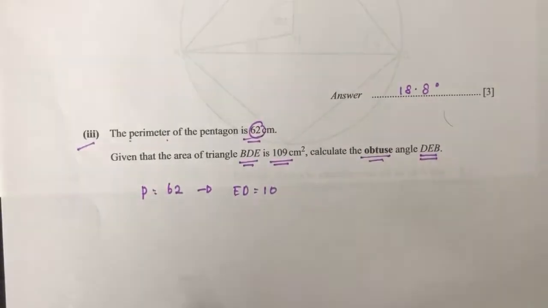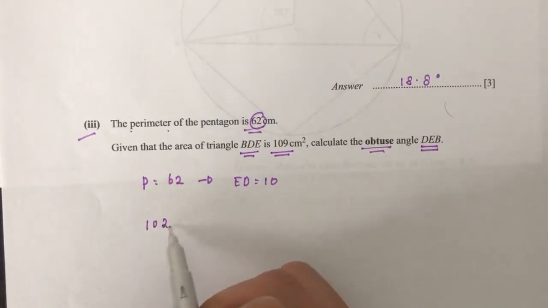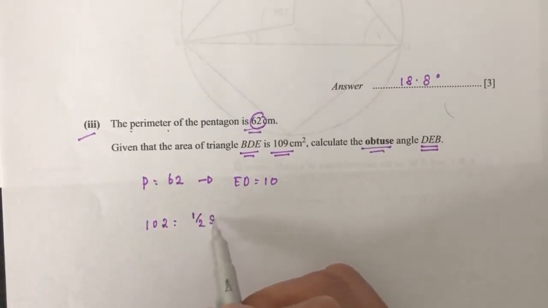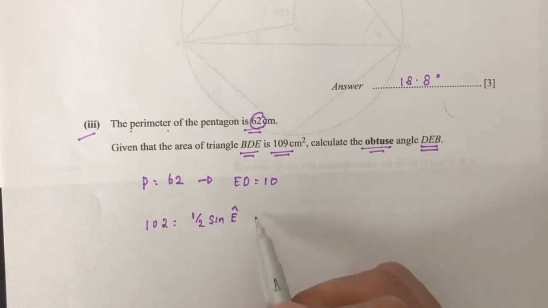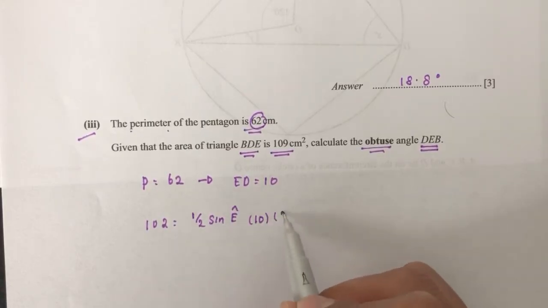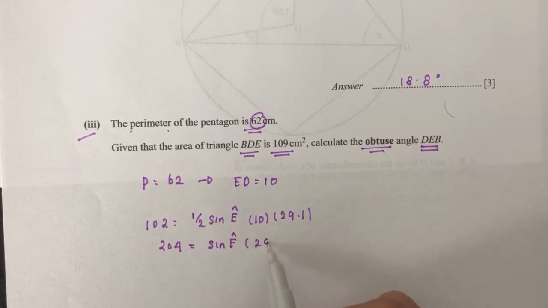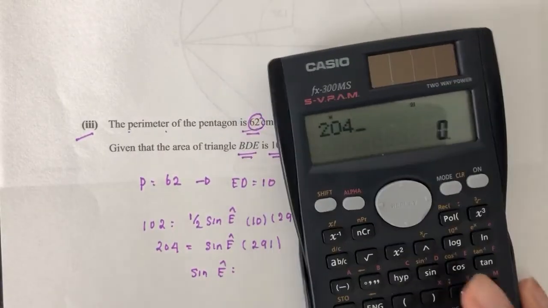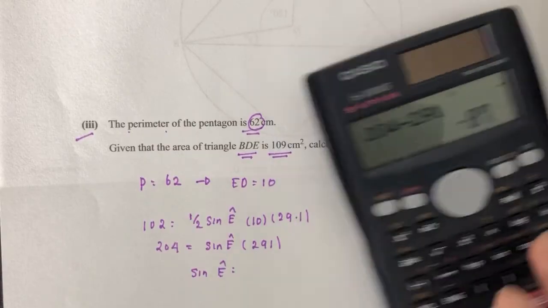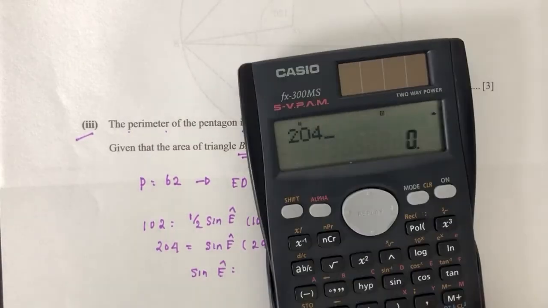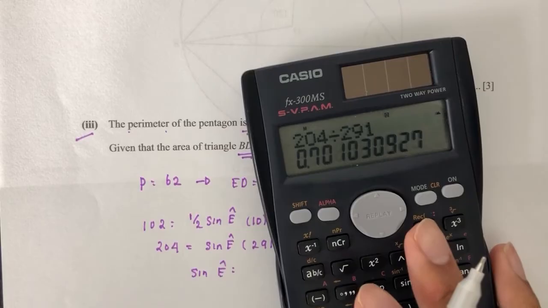So let's rewrite the same formula here. Area is 102, which is equal to half sine of angle E times 10 times 29.1. That will be 204 equal to sine of E times 29.1. So sine of E equal to what? 204 divided by 291 will be 0.701.